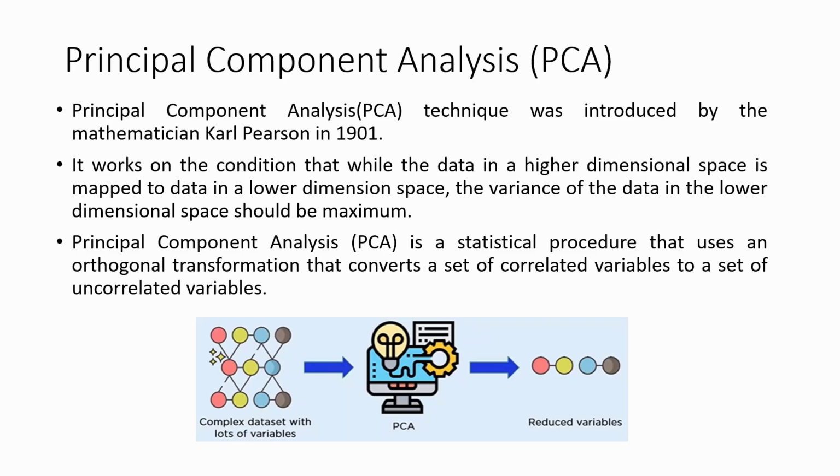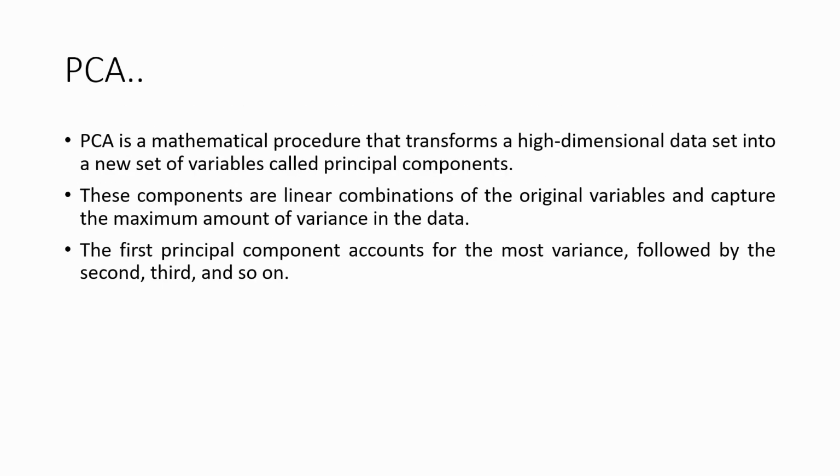That is, when we reduce from higher dimension to lower dimension, the variance should be maximum. It's a statistical procedure which uses orthogonal transformation. Here we have a complex data set. By using PCA, it can be reduced to a lower dimensional data.